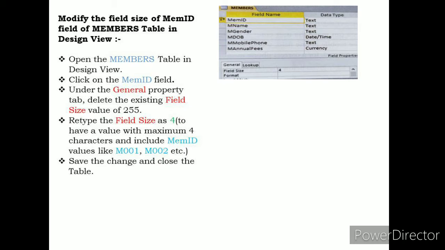Next, under the general property tab, delete the existing field size value of 255, which is denoted by default. Next, retype the field size as 4. I have taken 4 because in my example I have taken the values as M001, M002, etc., for which I require 4 characters. Now at last save the change and close the table.